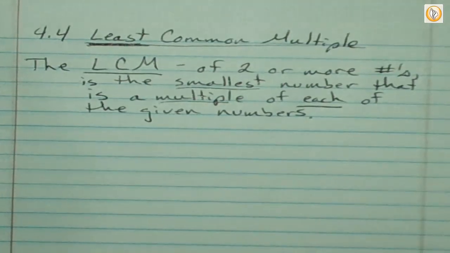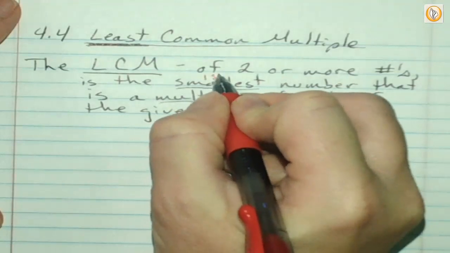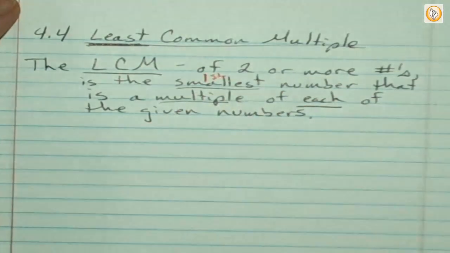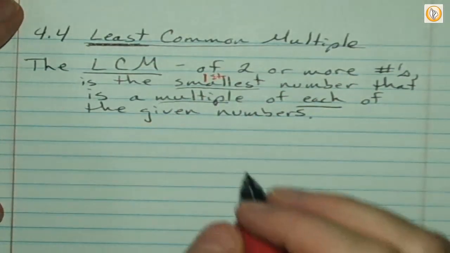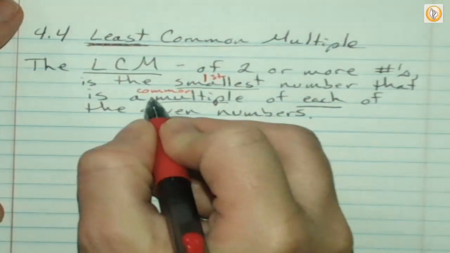Okay? I tell people that this word smallest is what confuses students. It should say the first. In fact, I'm going to write that. 2 or more numbers is the first number that is a common multiple of each. I like that a lot better than the actual definition.